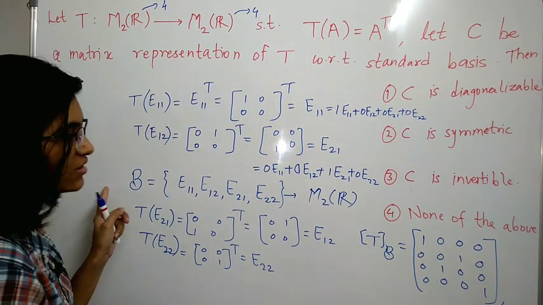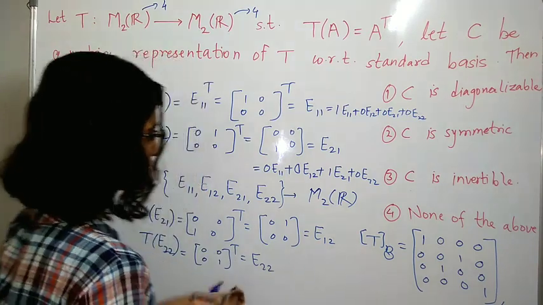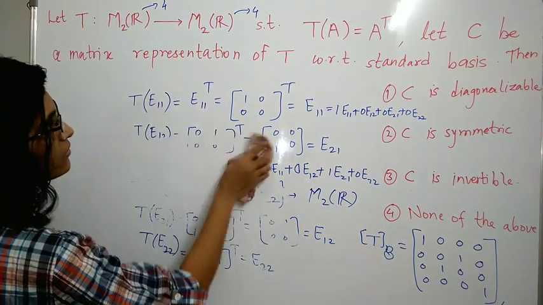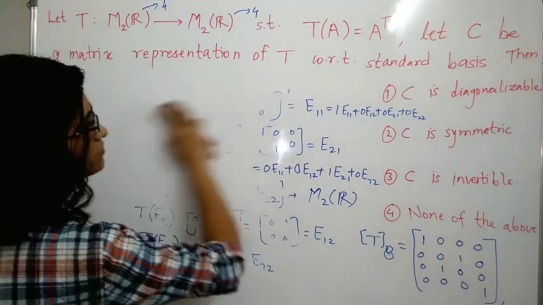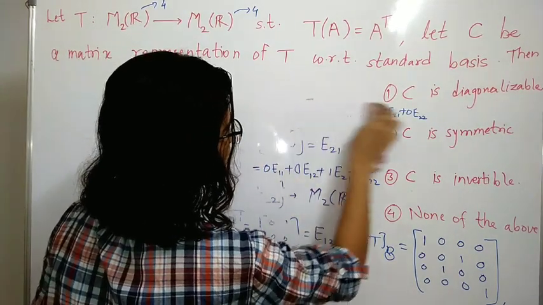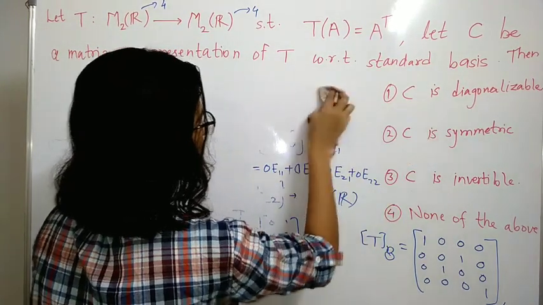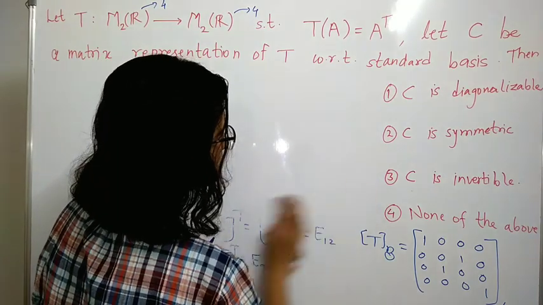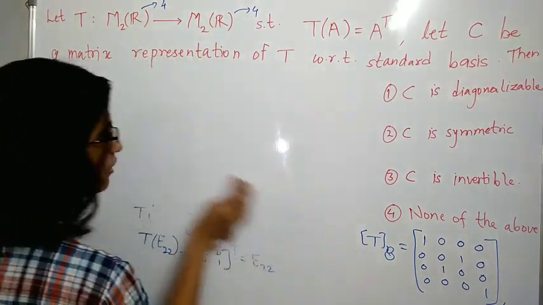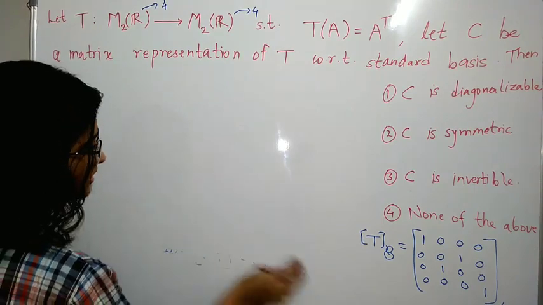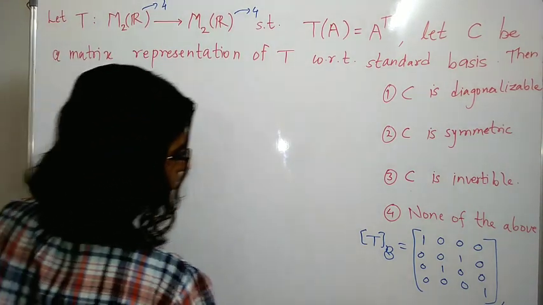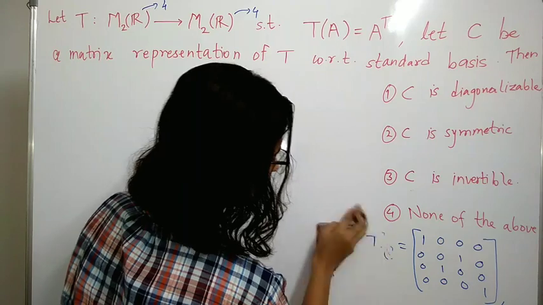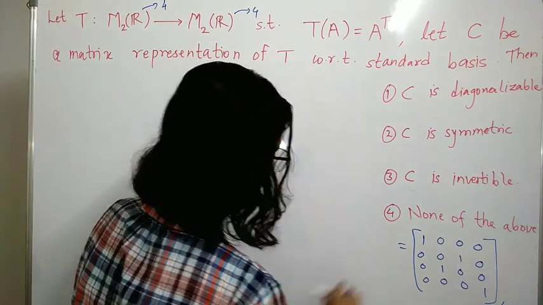Call this matrix C. Now we just have to check whether C is diagonalizable, symmetric, invertible and so on.